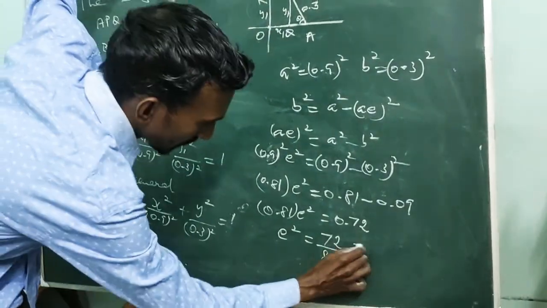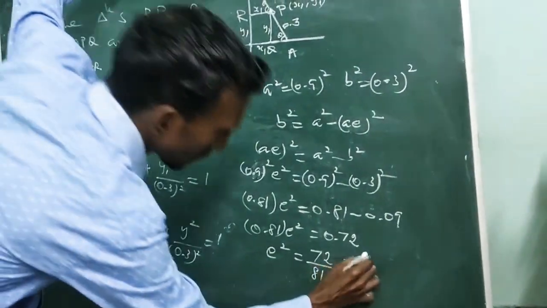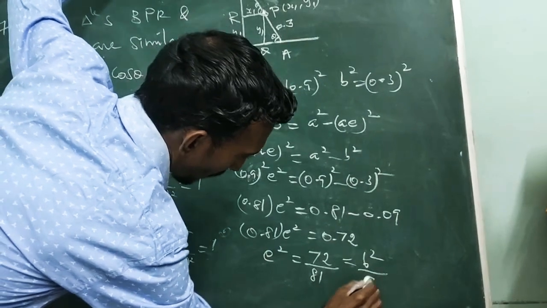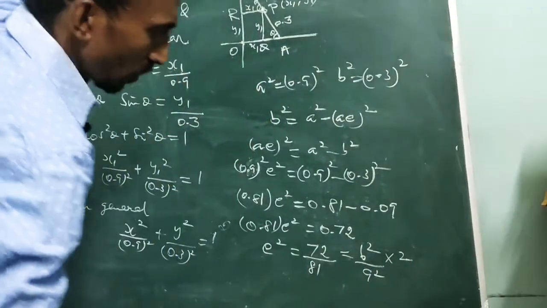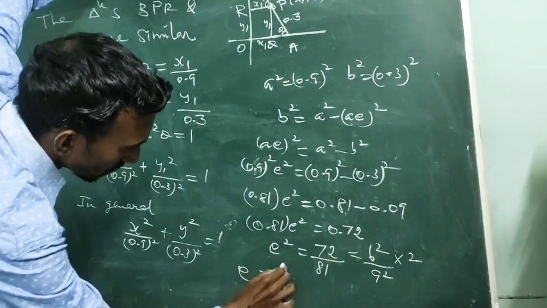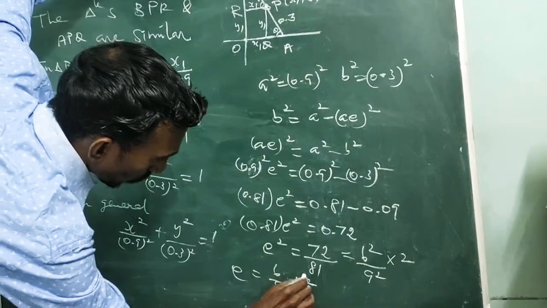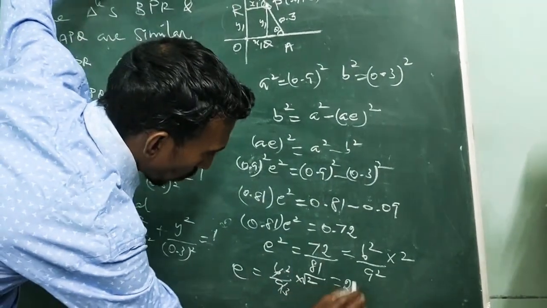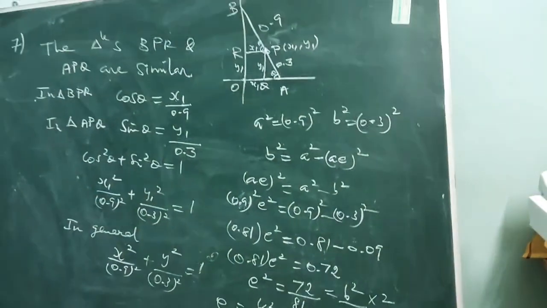We can write this as 36 into 2, 72. 36 can be written as 6 square. 81 is 9 square into 2. So if we want e value, 6 by 9 into root 2. Okay, it is 2 by 3. So 2 root 2 by 3. That is the eccentricity value.